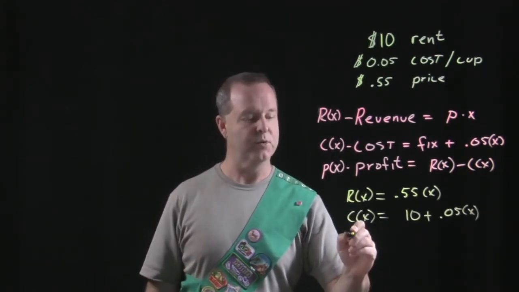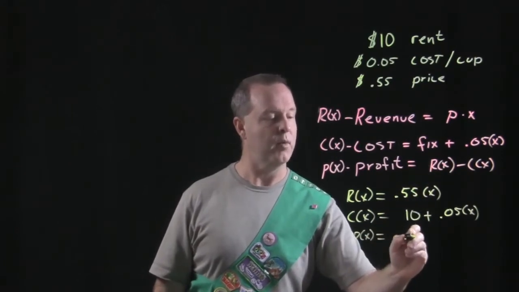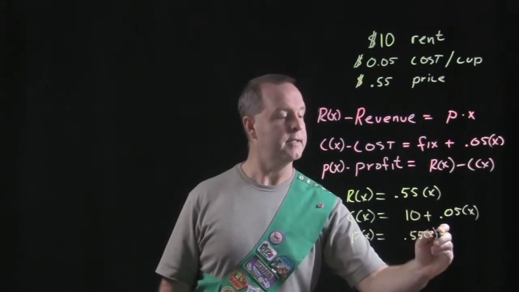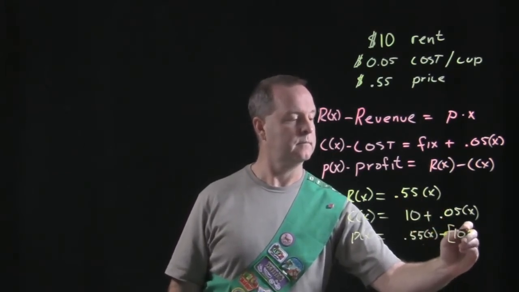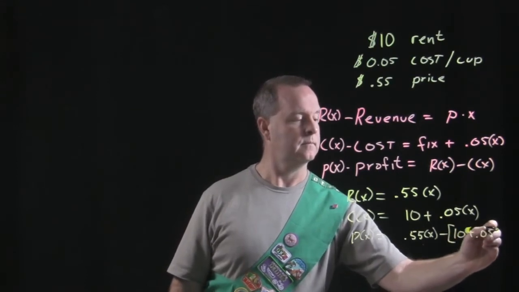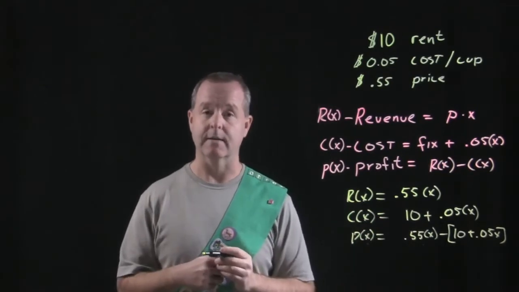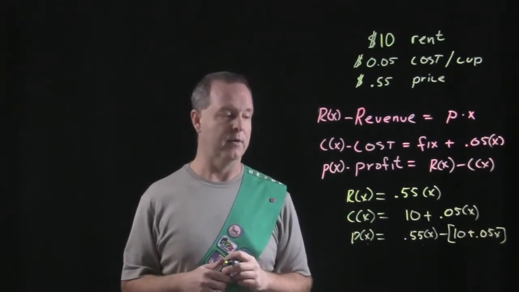And then our profit, which we're all curious about, is going to be revenue, which in this case is 0.55 per cup, minus our cost. Now you notice I put brackets around the entire cost because that's what I'm subtracting. I have to subtract the entire cost from the revenue.